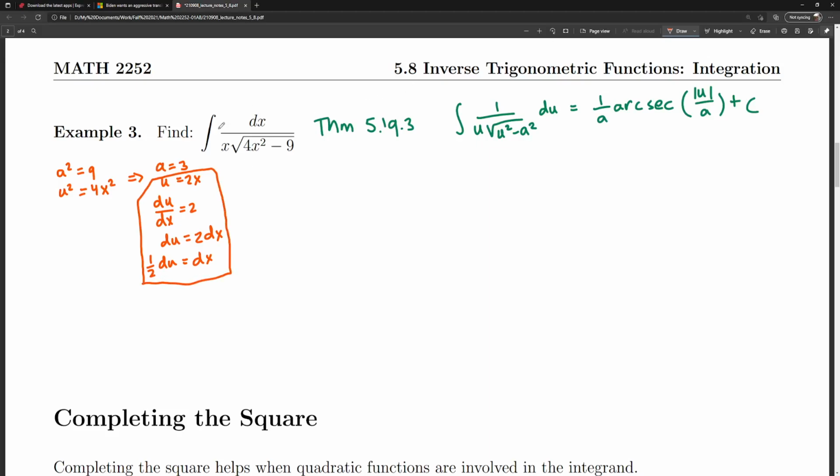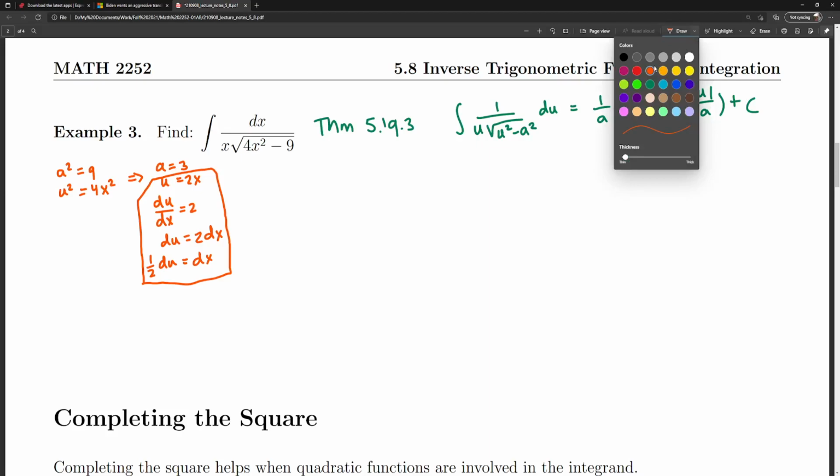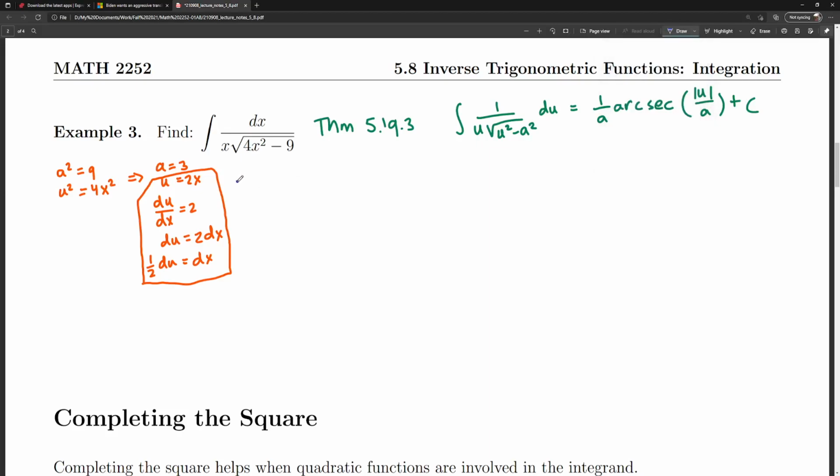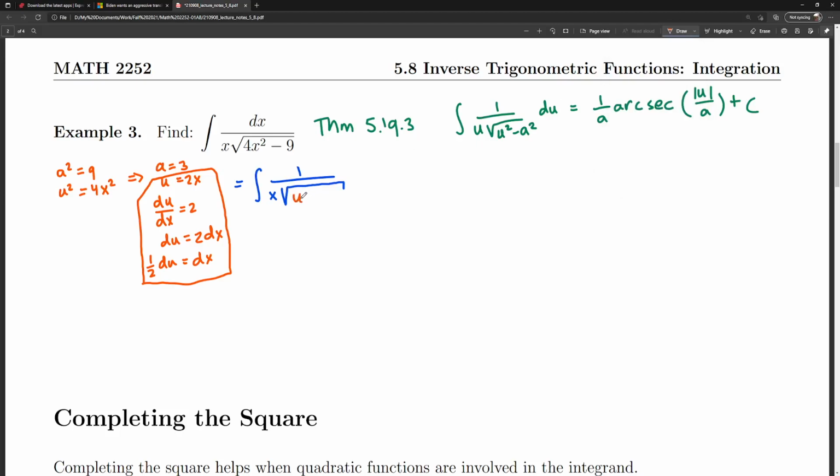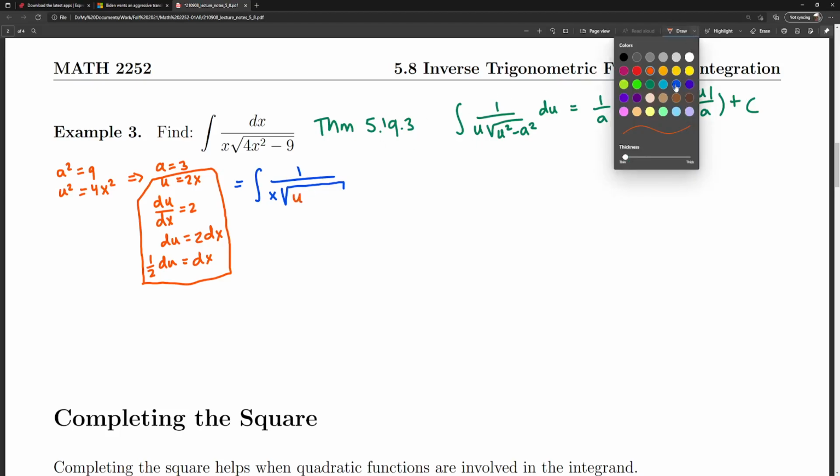And when we use that substitution in our original integral, that integral becomes 1 over x, and then square root of, this becomes u squared, so you can replace that by u squared.